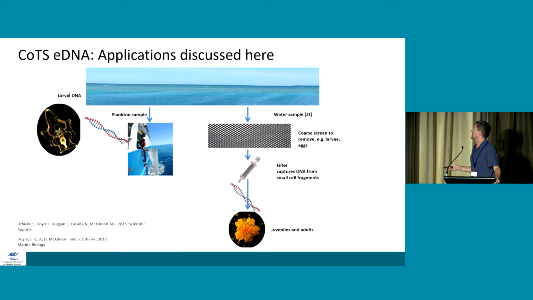Additional applications are what Federica has described. Federica has already used this for food predator detection, and Morgan Pratchett and I have a student, Peter Doll, who's working on settlement traps to quantify settlement of COTS on the reefs.